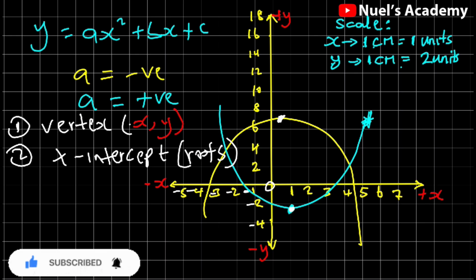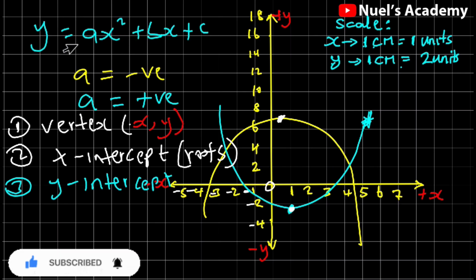Note this x-intercept is gotten by equating y to 0 and then solving for the values of x. This is how the roots of the equation or the x-intercepts are gotten. Then the third key parameter is the y-intercept, which is gotten by plugging 0 for all the values of x here and then solving for y.